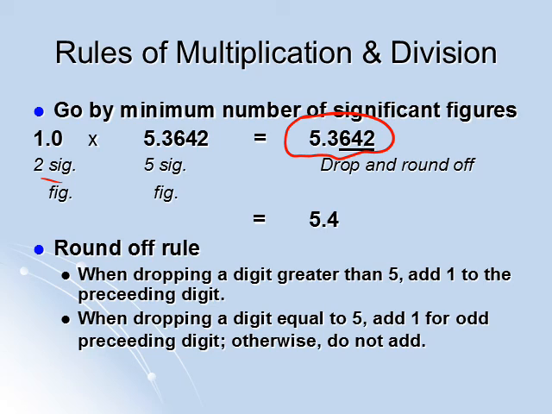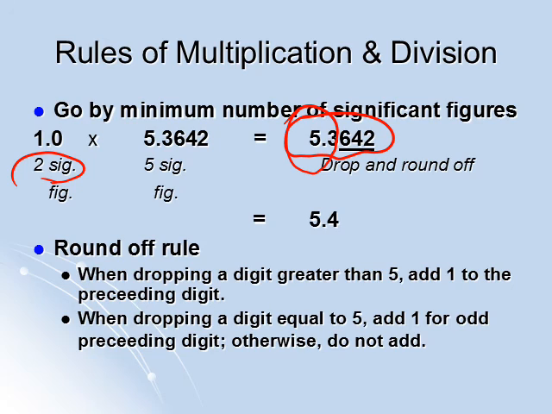Then the rule is, if you're multiplying or dividing 2, 3, 4 numbers or a number of terms, then go by the smallest number or minimum number of significant figures. Your final answer can have only the minimum number of significant figures of the multiplying or dividing numbers. In this case, the minimum number of significant figures would be 2. So my final answer should be rounded off, keeping the first 2 figures. So it would be 5.3 and I need to drop 642.